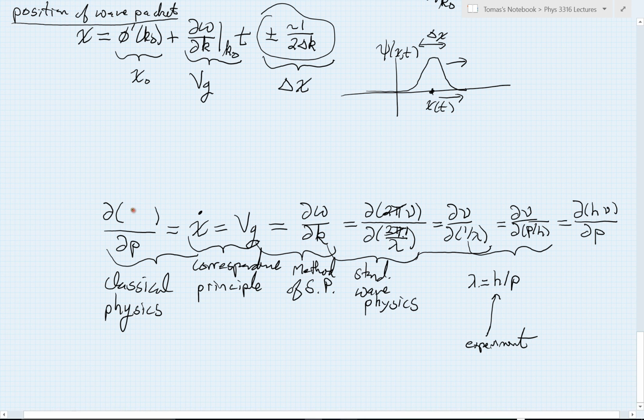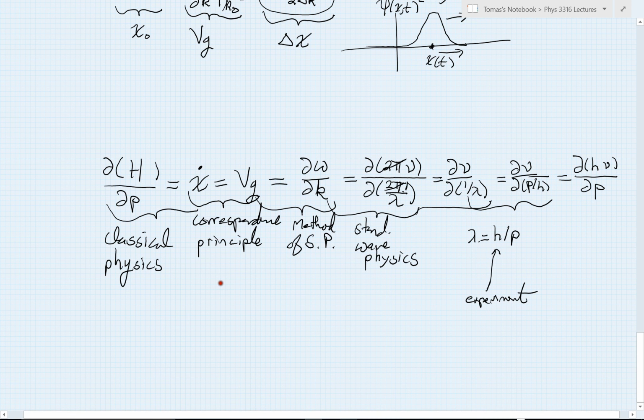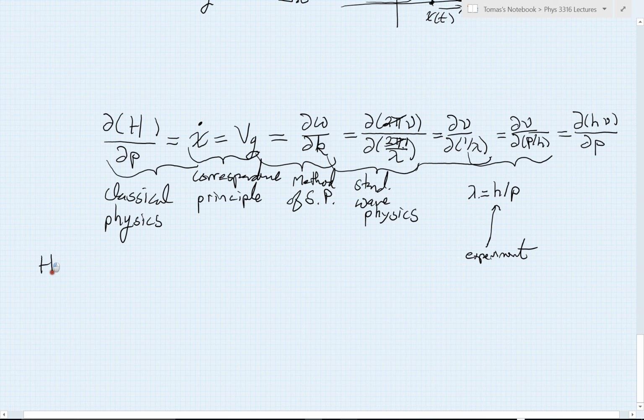It's something called the Hamiltonian of the system. You may not have heard of this yet, but it features very prominently in advanced classical mechanics classes. So this would come up in, for instance, your Phys 3314 or 3318.